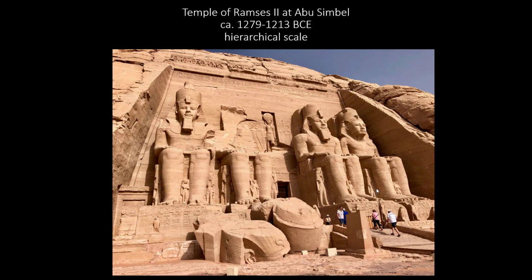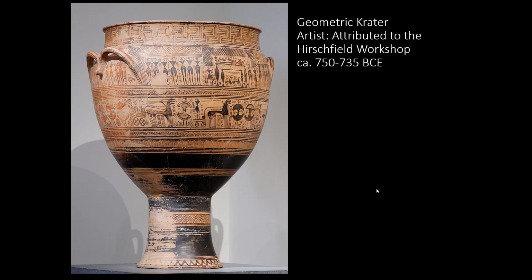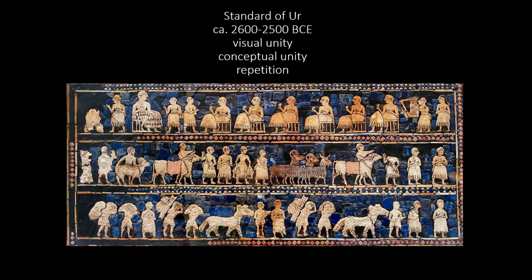Now, as promised, let's return to the Standard of Ur. I had said this guy is the king, and there are ways to get a sense of that power even without knowing anything about the work of art. What you see is people looking.